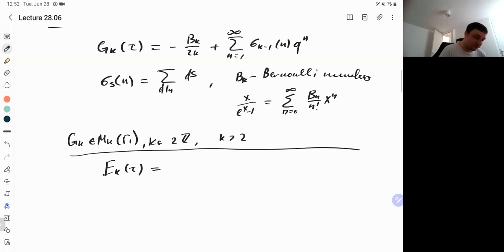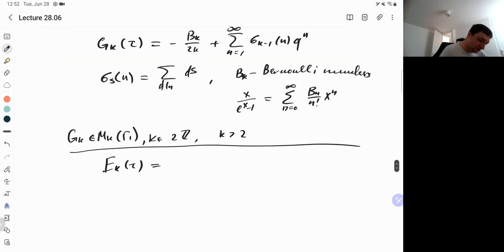But we will see soon that there's a source of confusion: E4 will have something to do with E8, and these two E's are quite different. So the other way is we just divide by the constant term and write it this way.